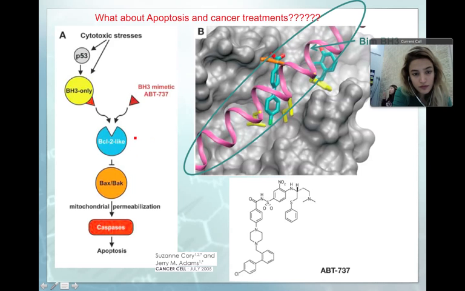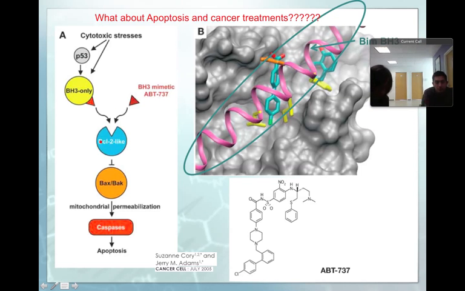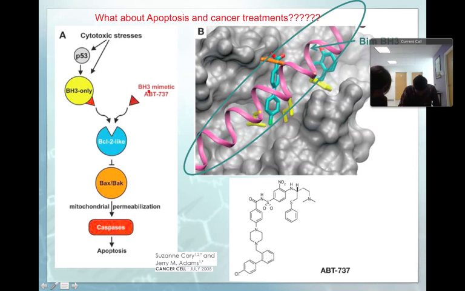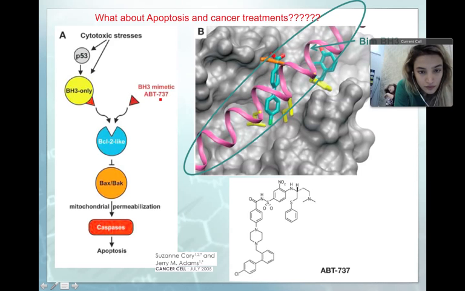So if you remember the diagram I showed you, actually before you got on, Yalda, on the mitochondrial membrane, there are these BCL2 proteins, and what people have done is make a BH3 mimetic. A mimetic is something that mimics or looks like something else. So this thing acts like a BH3-only protein. It's called ABT-737. ABT is the drug company, Abbott.